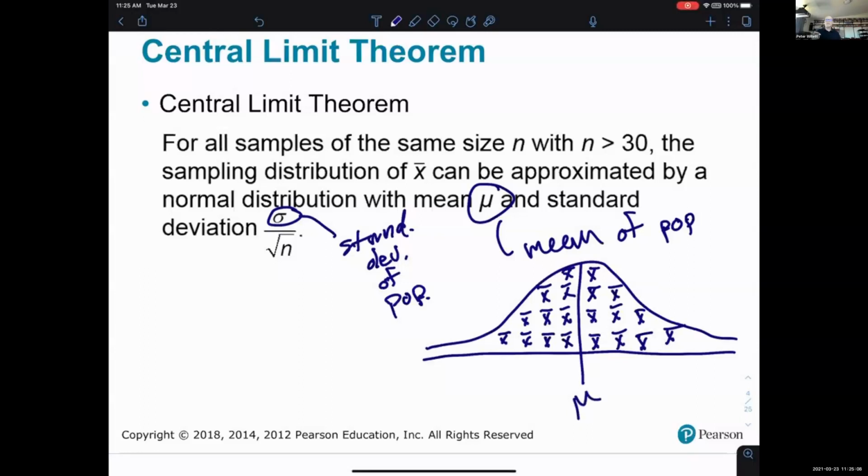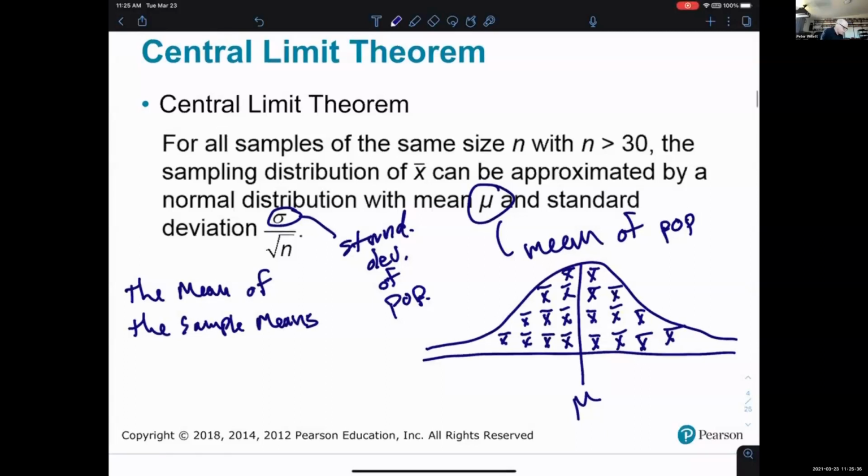So this seemingly nonsensical sentence where the word mean is used 3 times is at the heart of the central limit theorem. The mean of the sample means, which are all these little X bars, and then you imagine you average out all those little X bars, you take their mean, and what you get is the population's mean.